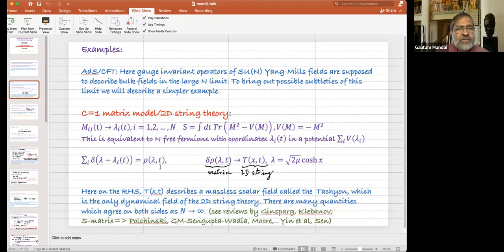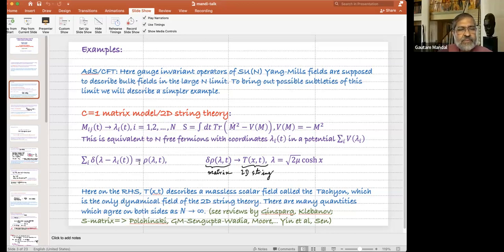Good. So it's a non-interacting problem of n free fermions. The first thing that one introduces in order to get to observables which look familiar is the density variable.